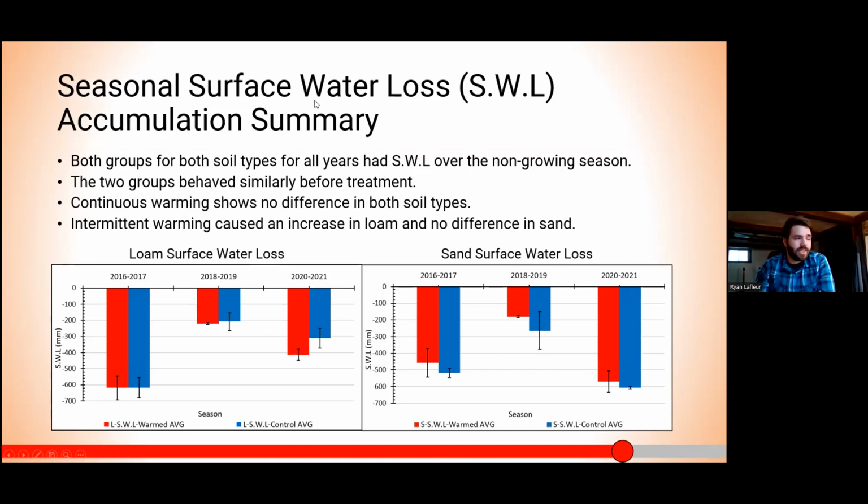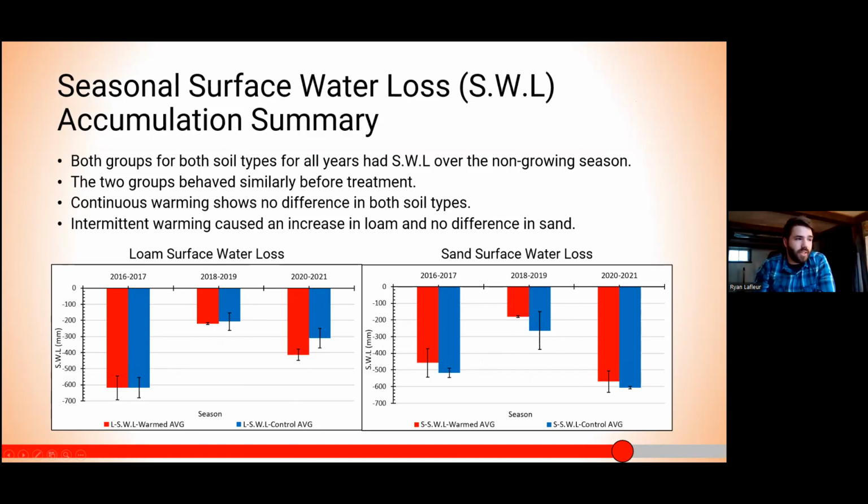Lastly, just to check, we're going to look at our surface water loss. Here we're seeing good agreement before the treatment occurred. Our continuous warming didn't do too much, no real changes in the surface water loss.